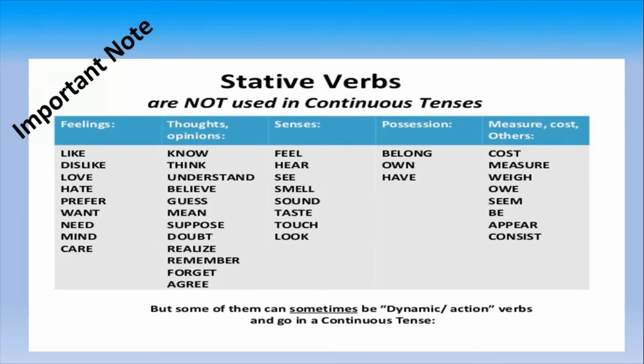In case we use a stative verb, we can't say loving or liking, disliking with ing. It's wrong. So please keep this note in your mind.